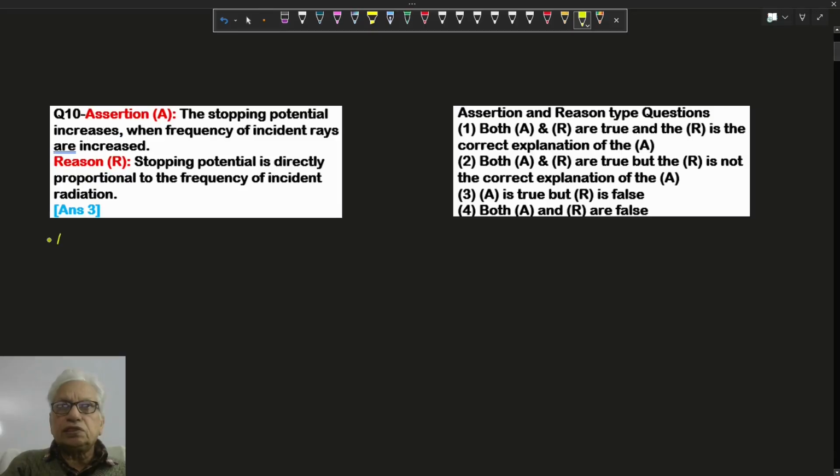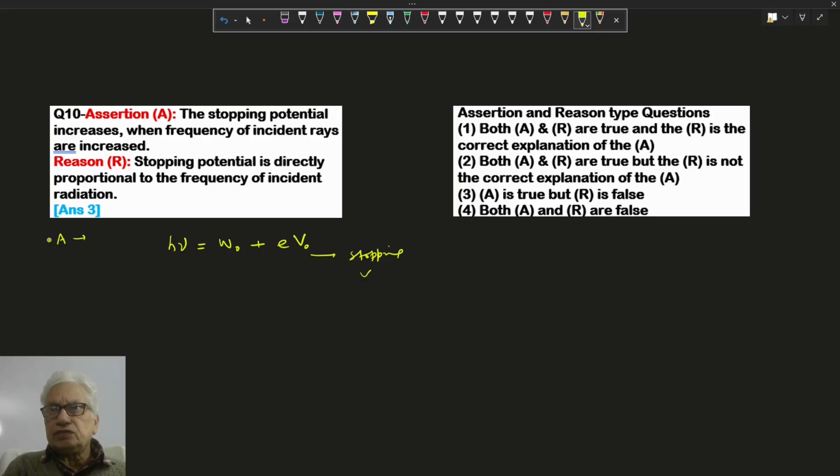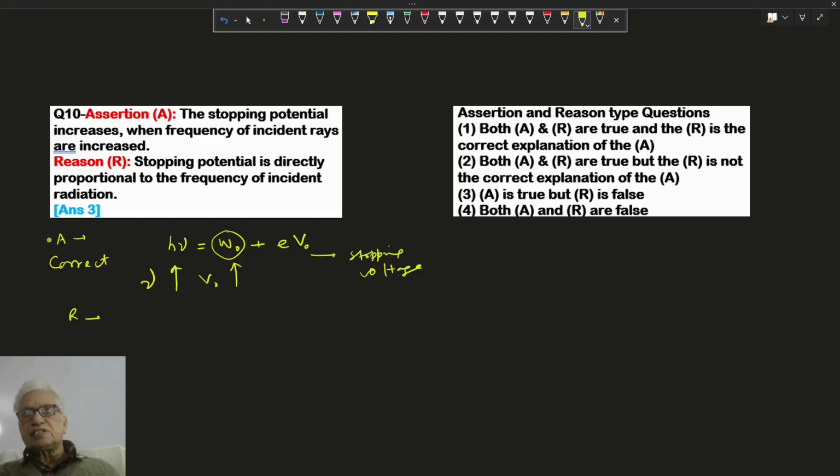Hello. In this question, assertion: the photoelectric equation is given as hν equals work function plus eV naught, where V naught is the stopping voltage. So as the frequency increases, with no change in the work function, which is constant, V naught must increase. Reason: stopping voltage is directly proportional to frequency.